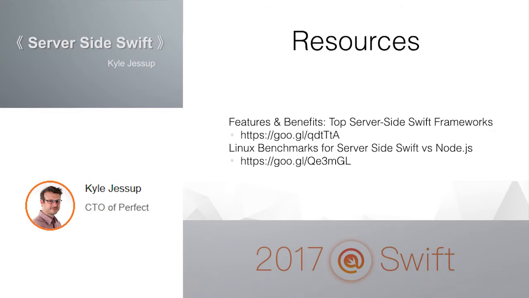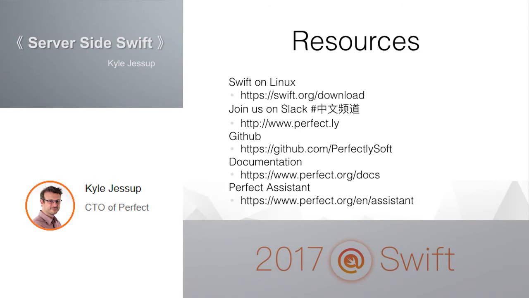He did the tests on Mac first, and then updated it with Linux tests. It really shows how well server-side Swift performs even against Node.js, which isn't bad. Very interesting articles, I recommend those.